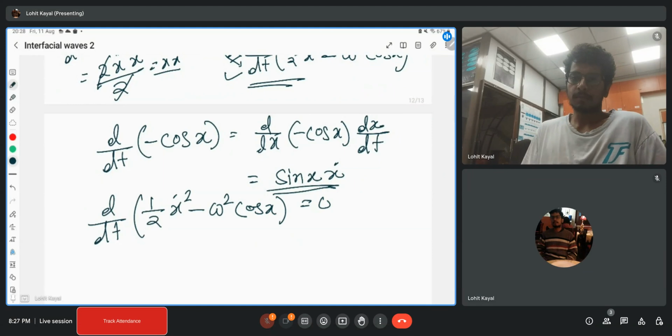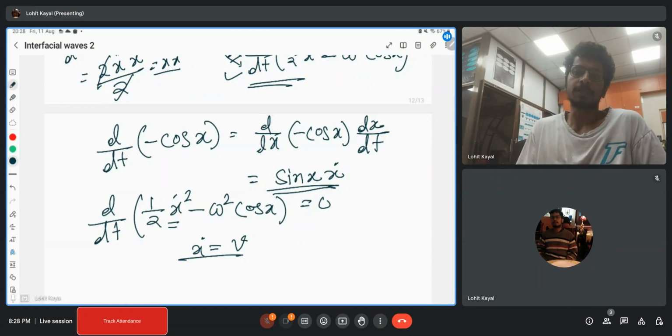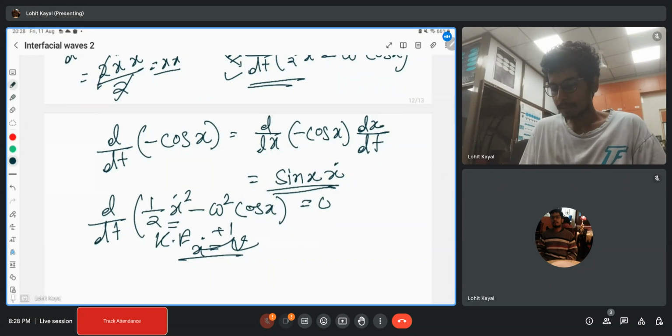Is this term familiar to you? If I define x dot equal to v, obviously if x is position, then x dot is the velocity, so it is half v square minus something. So can I write this is the kinetic energy and this is the potential energy, and so this summation is the total energy.